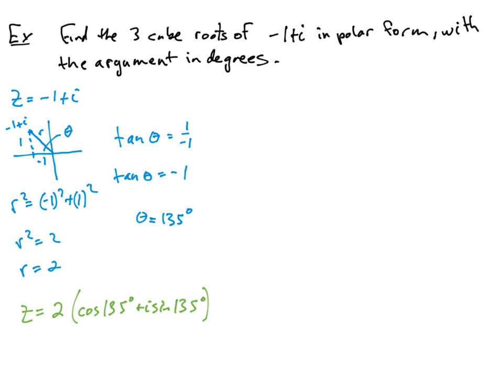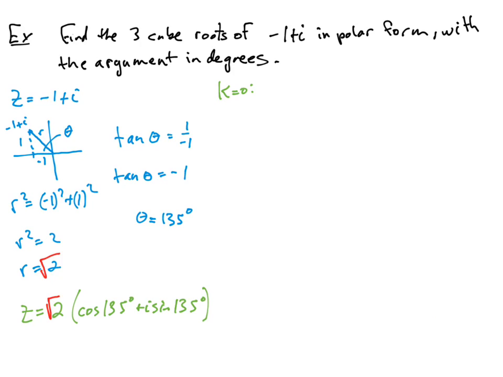So what we do is we start at k equal to 0, and we're going to say the first root will be, I made a mistake over here, the r value is square root of 2.